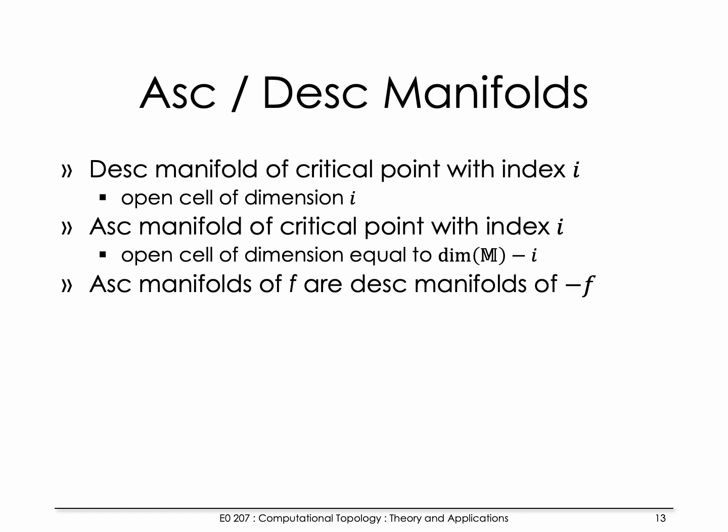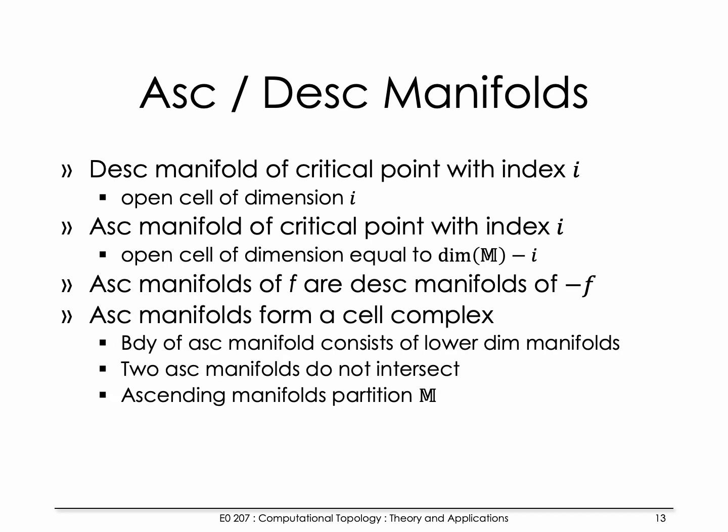Now let's talk about how we can represent these ascending and descending manifolds. The ascending manifolds form a so-called cell complex. Analogous to the simplicial complex, a cell complex is a collection of cells that satisfy the same properties that we saw for a simplicial complex, namely the subset property and the property about common faces also being cells of the cell complex.